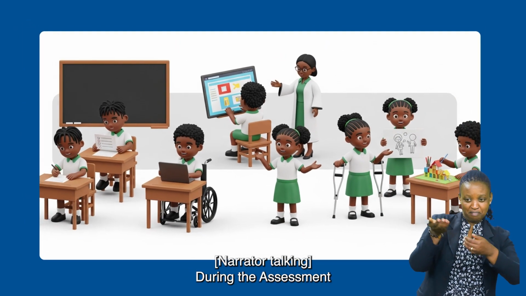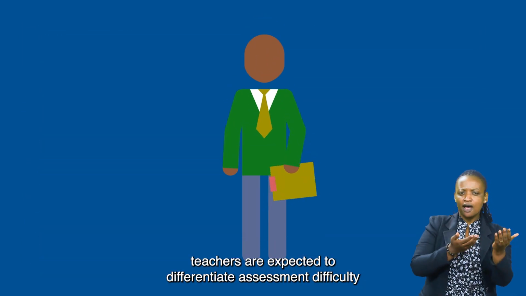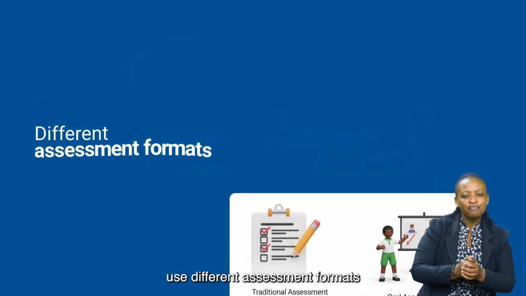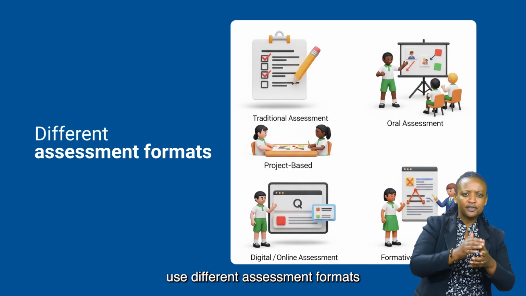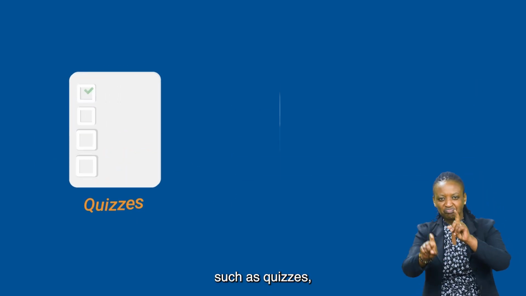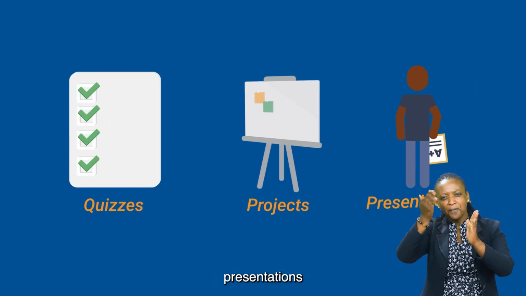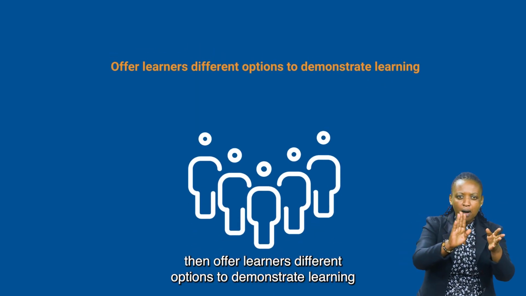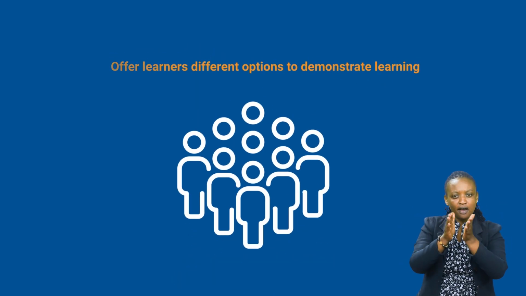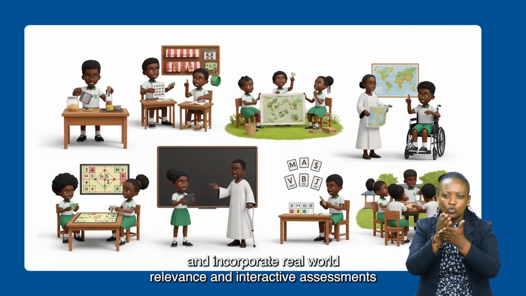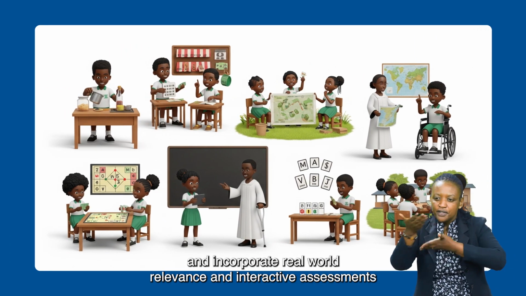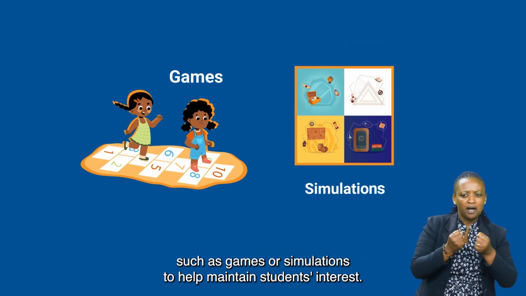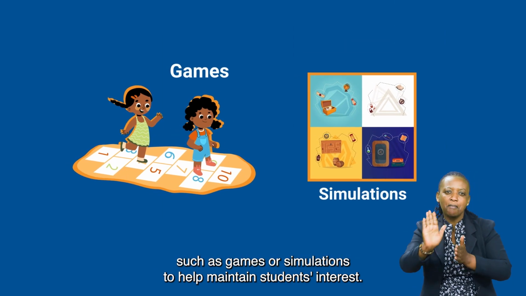During the assessment, teachers are expected to differentiate assessment difficulty, use different assessment formats such as quizzes, projects, presentations, then offer learners different options to demonstrate learning and incorporate real-world relevance and interactive assessments such as games or simulations to help maintain students' interest.